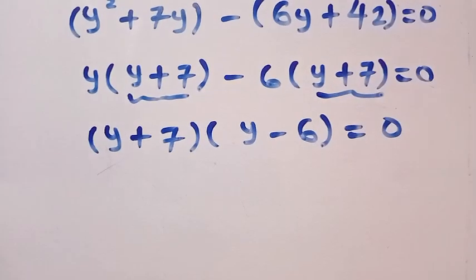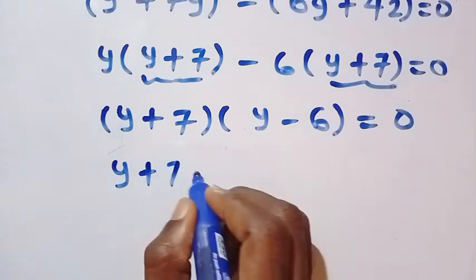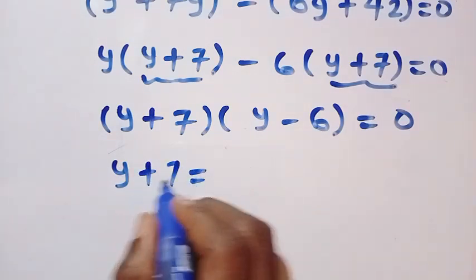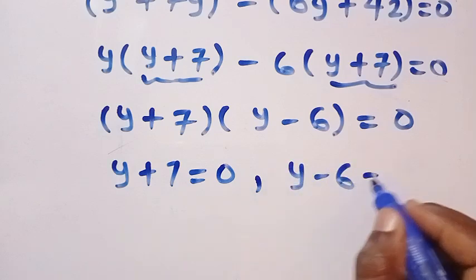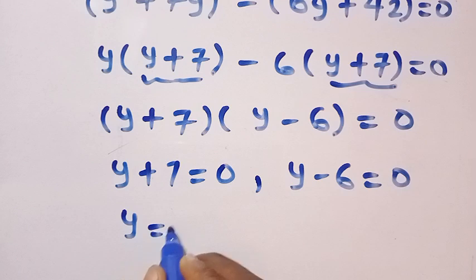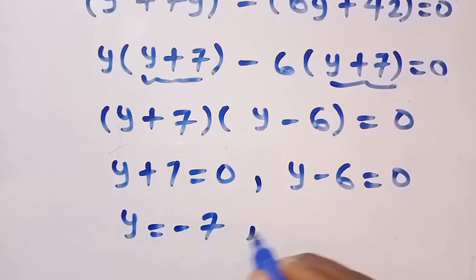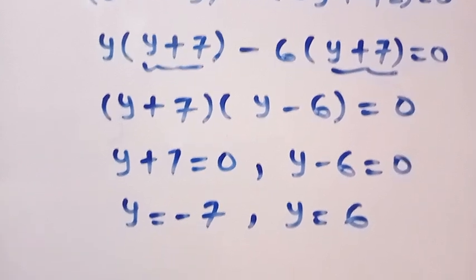Then, given these two expressions, in a quadratic rule, we have y plus 7 equals 0, or we have y minus 6 equals 0. So this shows that y equals minus 7, or we have y equals 6. We have gotten two solutions to this, y equals minus 7 and y equals 6.